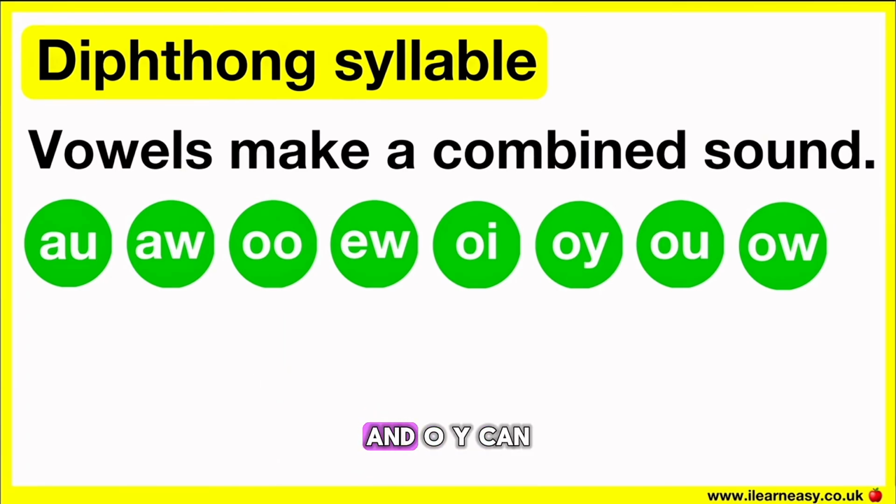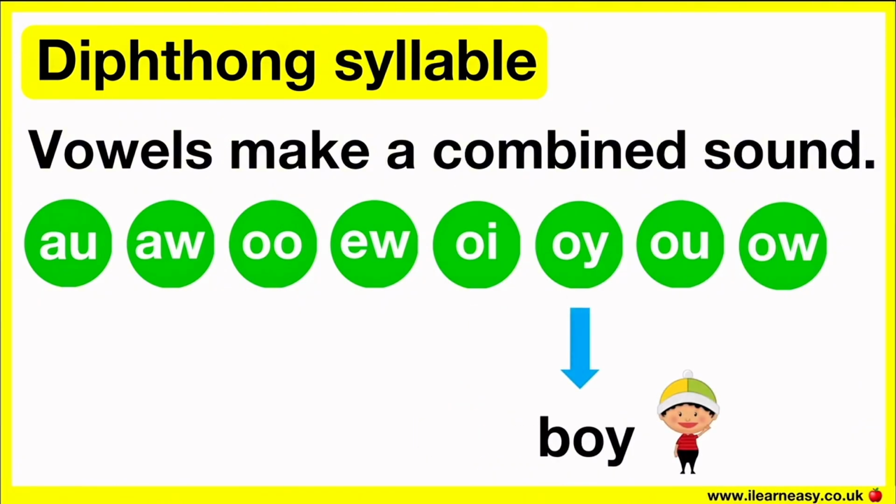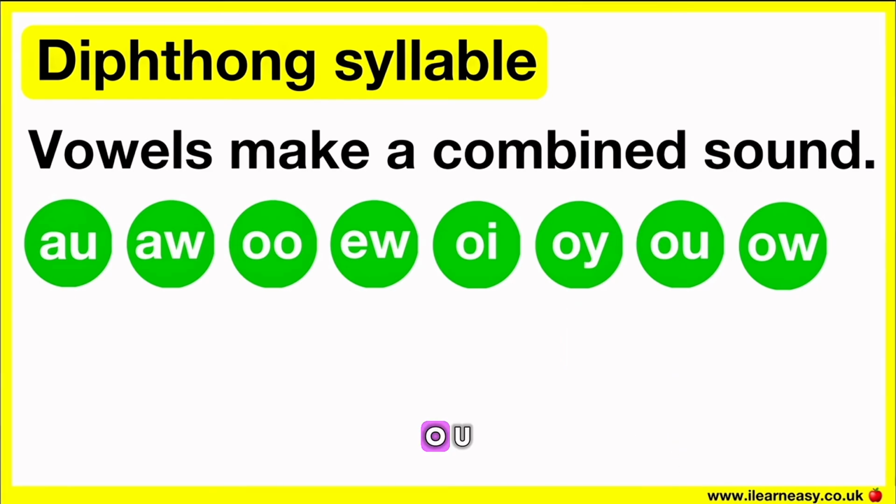OI and OY can make the same oi sound. For example, coin, boy. OU and OW make the same ow sound.